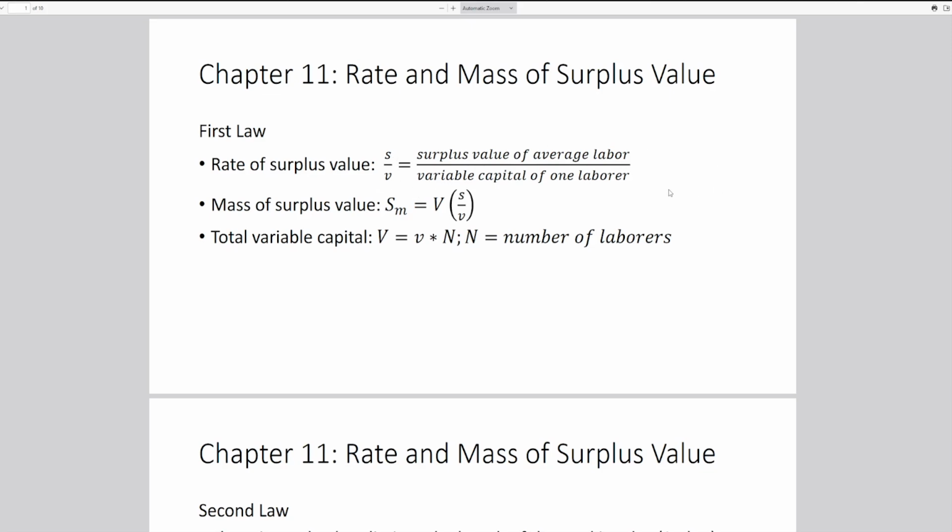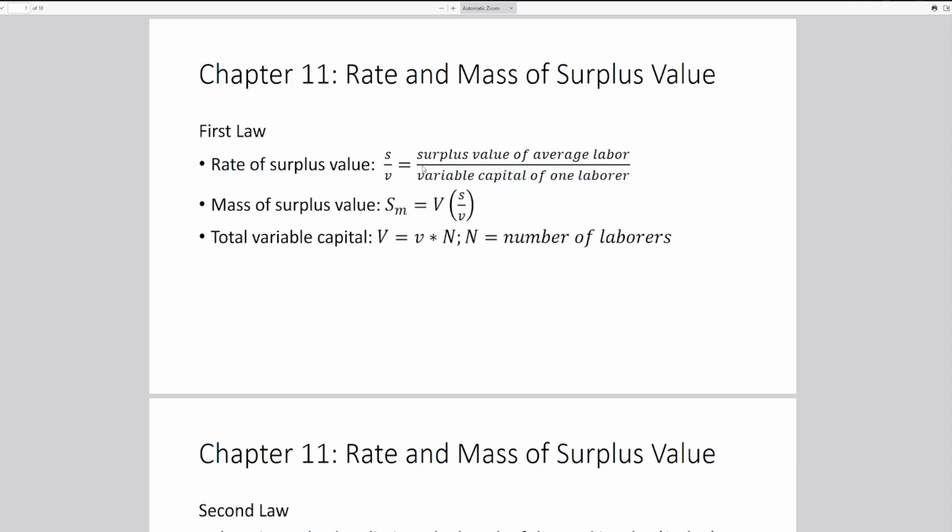Surplus value is what you get out, versus the variable capital, which is what you put in. That's how you calculate a thermodynamic cycle's efficiency: a simple ratio of how much work you did over how much heat it took to achieve that.